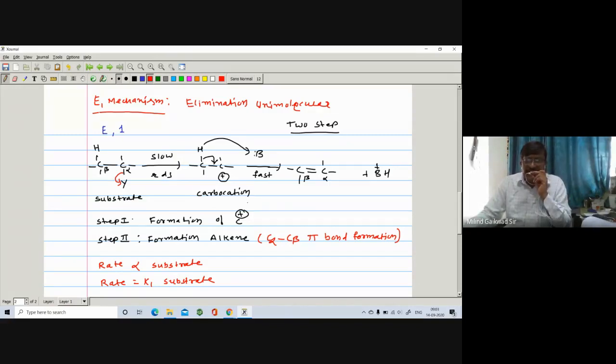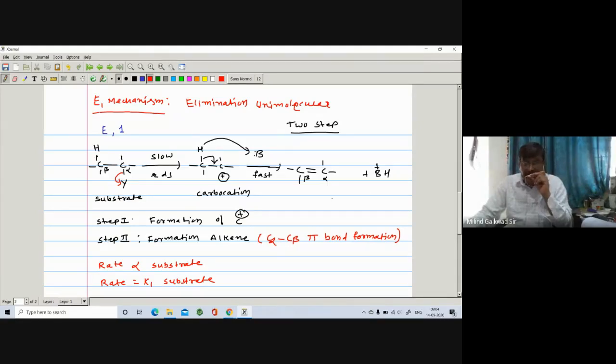The E1 mechanism is just similar to your SN1 mechanism, because in SN1 also the bond between the C alpha and Y undergoes breaking, and there is a formation of a carbocation, right? In the second step, suppose this B attacks on the carbon, then it is called a nucleophilic substitution reaction, because Y is replaced by B. B acts as a nucleophile. And if B attacks on the hydrogen, then it is called an elimination reaction.